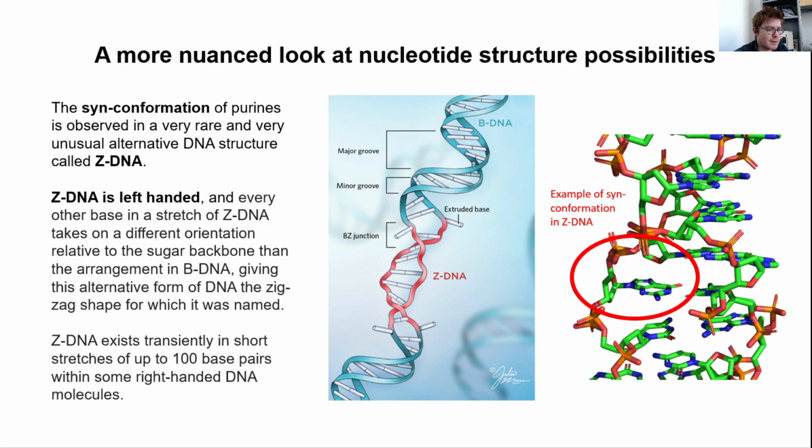And so this causes Z-DNA to have this kind of very unaesthetically appealing, zigzagging geometry. It's not a particularly prominent form of DNA, but it is thought to exist transiently in very short stretches of up to 100 base pairs, sometimes in the genomes, kind of like you see here.